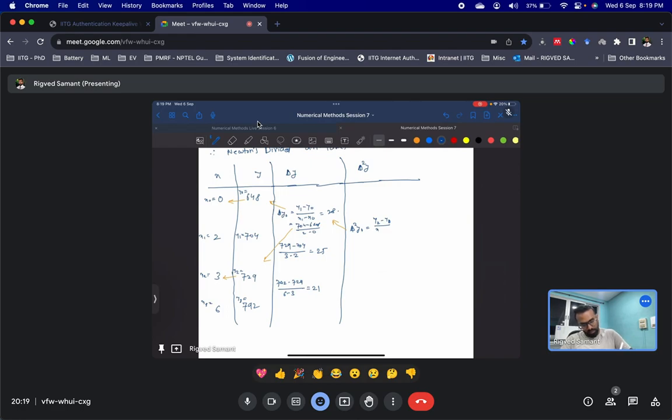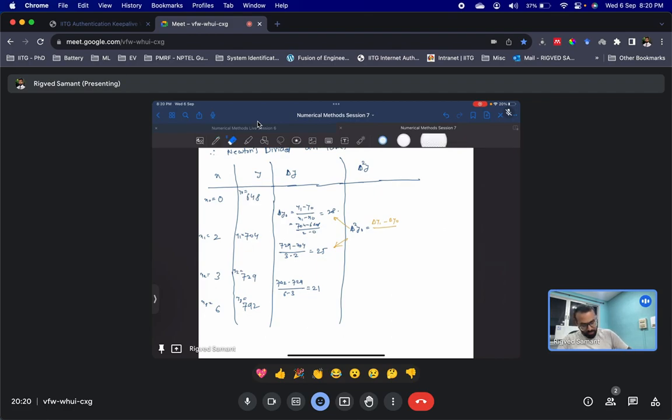Okay, so what you will have first in the numerator is the difference of these two. So difference of these two will come in the numerator. So that is your delta y1 minus delta y0. Okay, and what will be in the denominator?